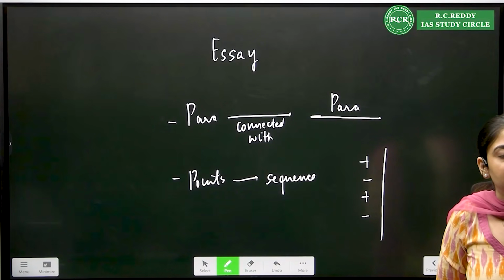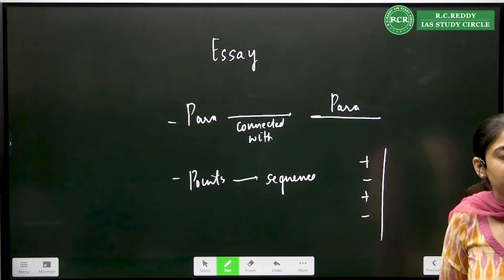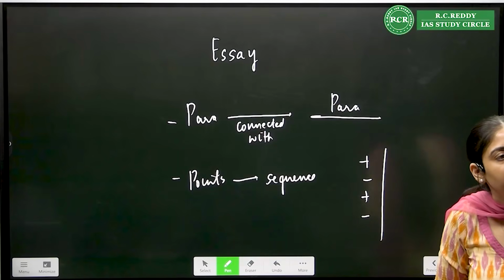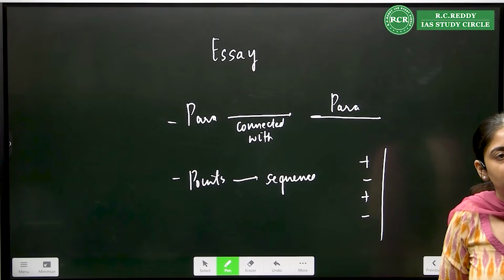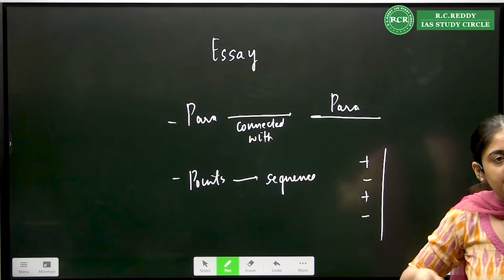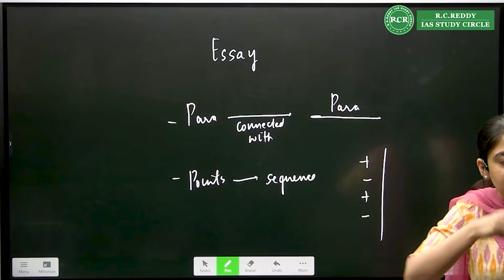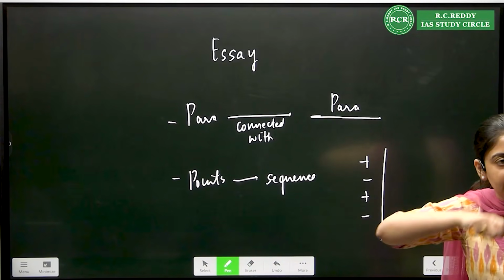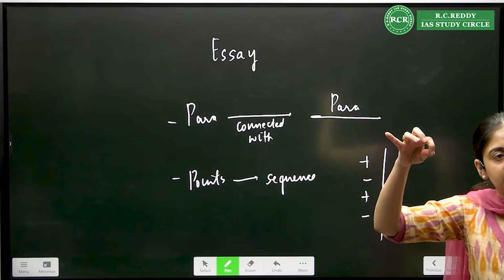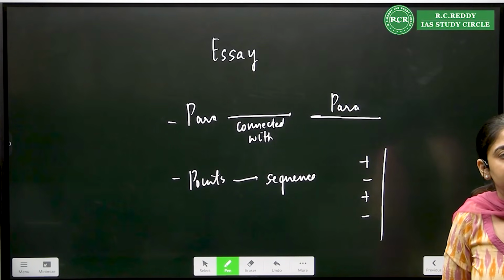Consider it a literary piece of writing. This is not your GS technical answer where you give a heading, write four points, and move on to the next. No. All the paragraphs have to be woven in properly. It's like a necklace: the pearls are connected with each other, and together they form a beautiful necklace. So your essay is like this.